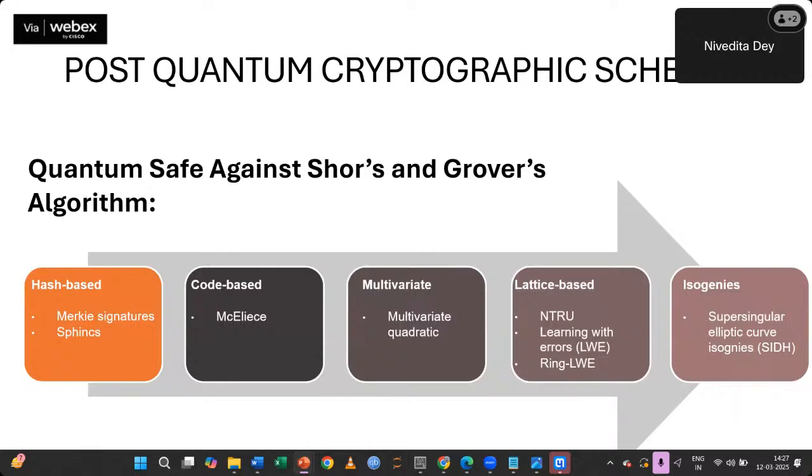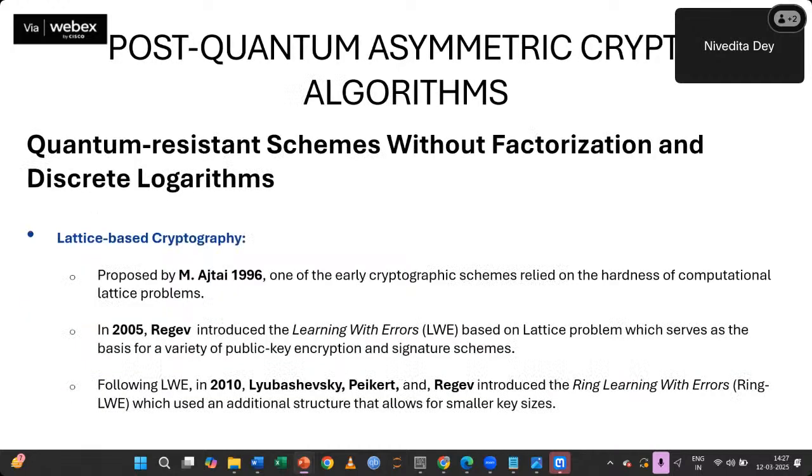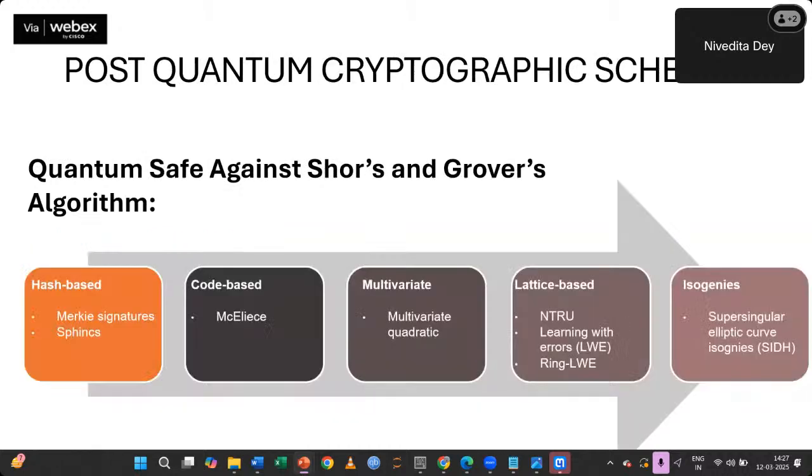Since there is another session for this PQC, we will not go into the detailed techniques, which we will cover maybe in the next session. But I want to tell you what the real things happening here are. Out of all these techniques, the most promising is lattice-based cryptography. Lattice-based cryptography uses the concept of a lattice algebraic structure, which relies on the shortest vector problem, or the closest vector problem, whatever you call it.